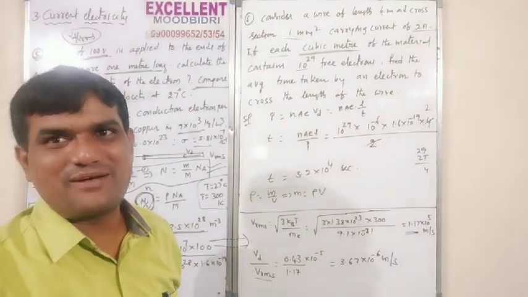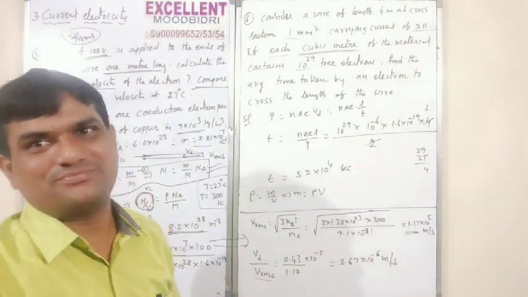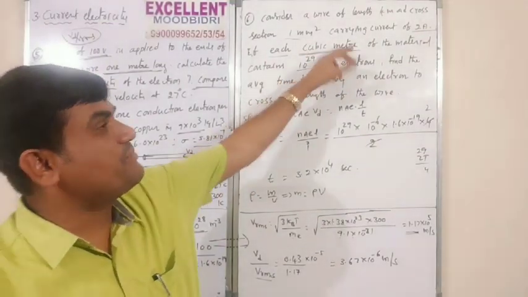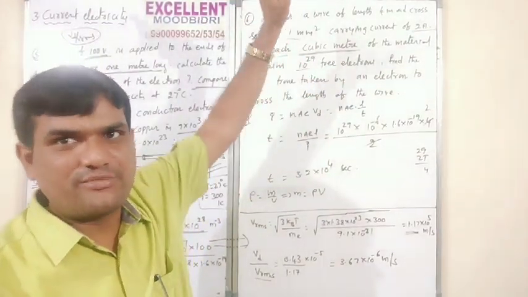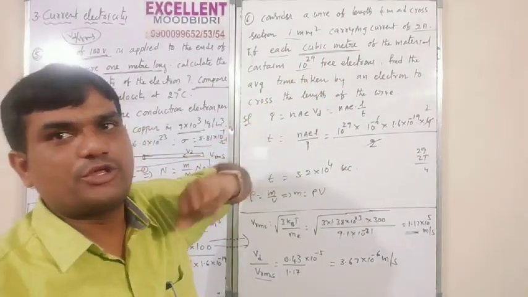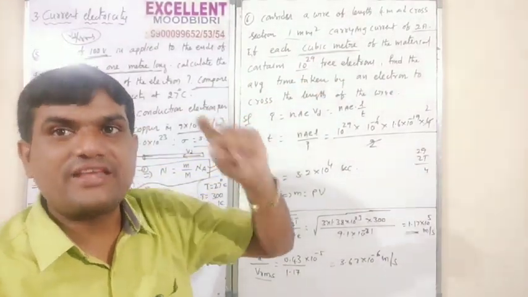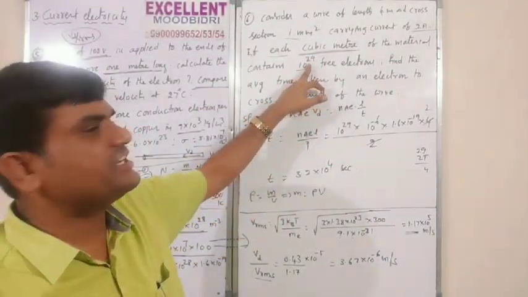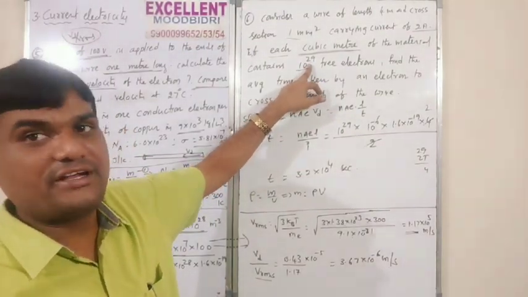Okay, number density, number of electrons per unit volume, is how much? Cubic meter, not centimeter cube. So small n is equal to 10 power 29 per meter cube is given.